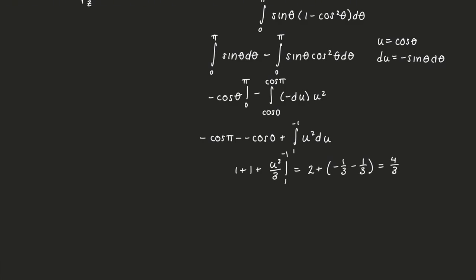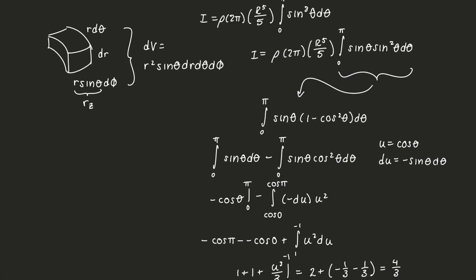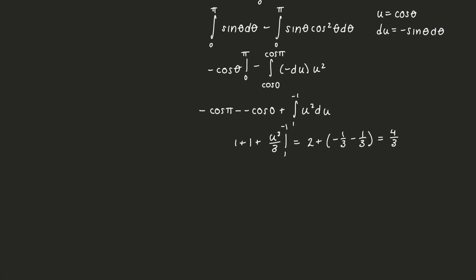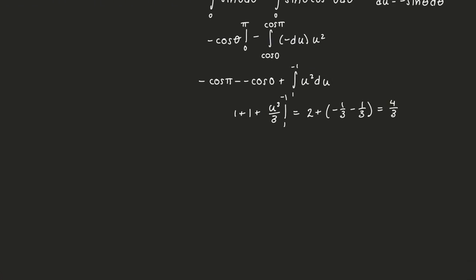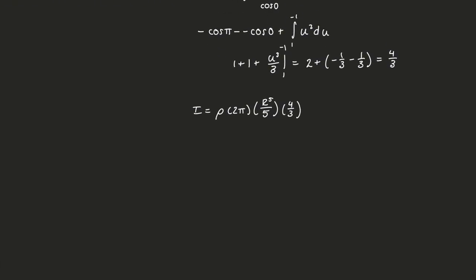And so if you remember, this was all part of this original expression. So now putting it all together, we get that I is equal to rho times 2 pi times r to the 5th over 5, and then times 4/3. And so you might think that we're done now or kind of stuck, but remember we can replace this density term in terms of mass and volume.